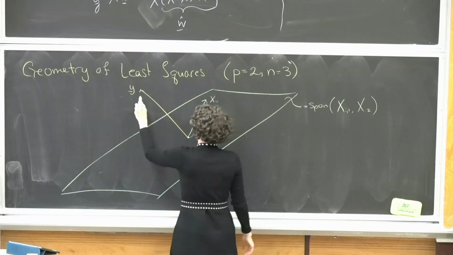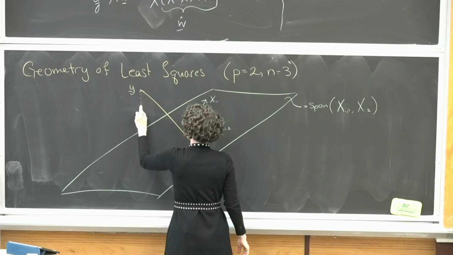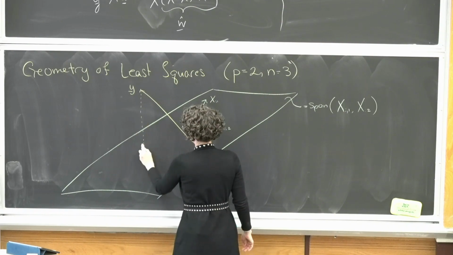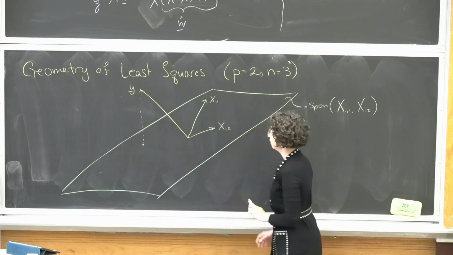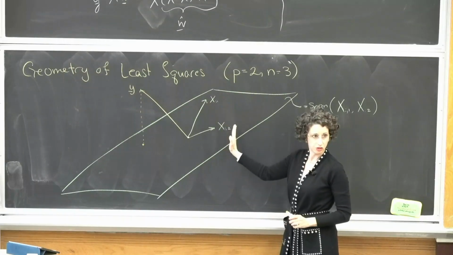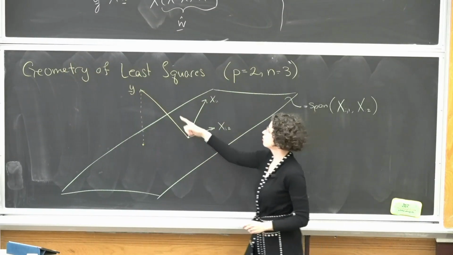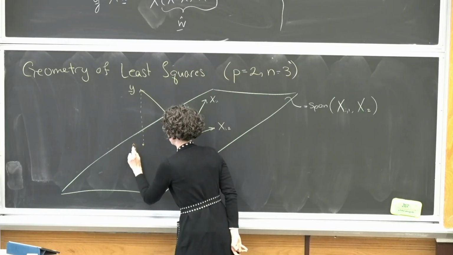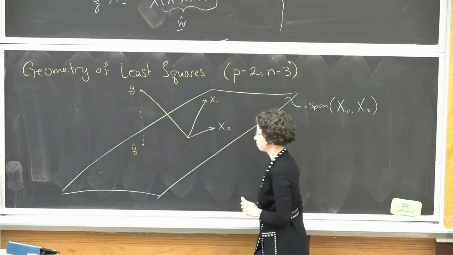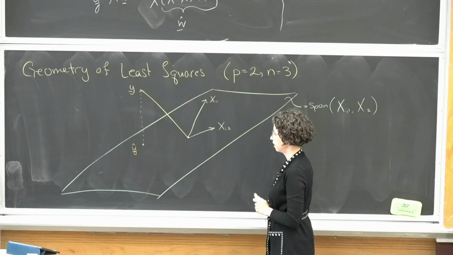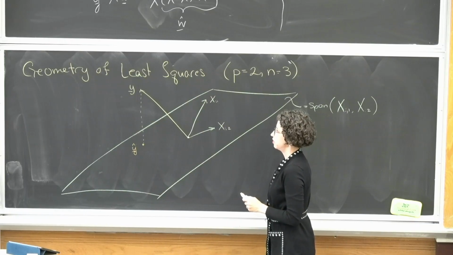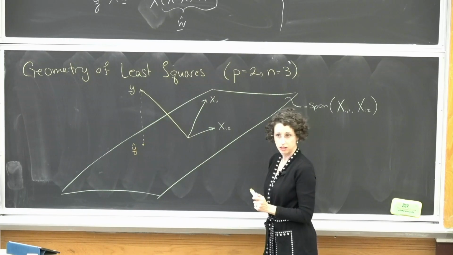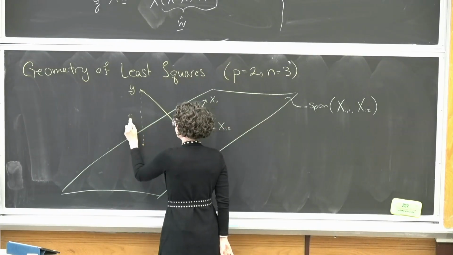So I can imagine trying to find the point in this plane, in this span of these 2 vectors, that's as close as possible to y. So this is going to be my y hat, the thing that I am predicting with my weight vector. And remember that the difference between y and y hat was our vector of residuals.